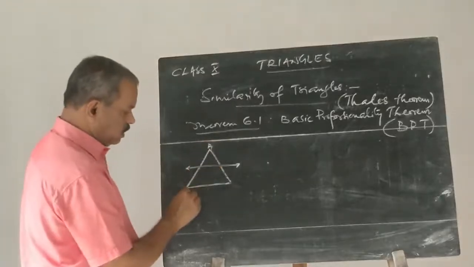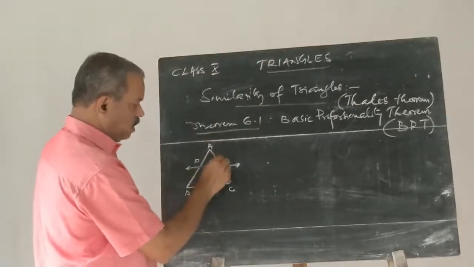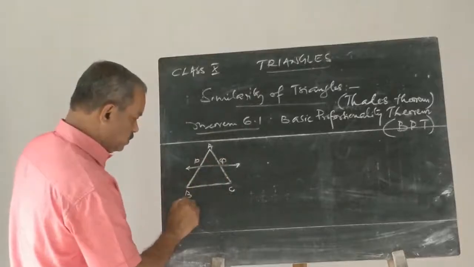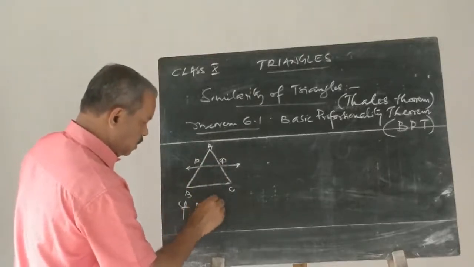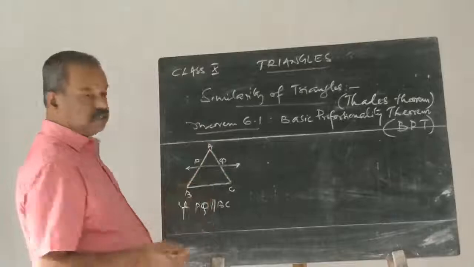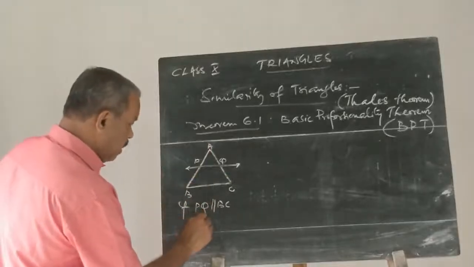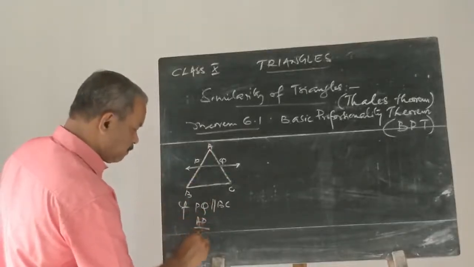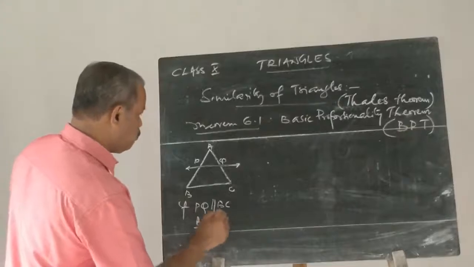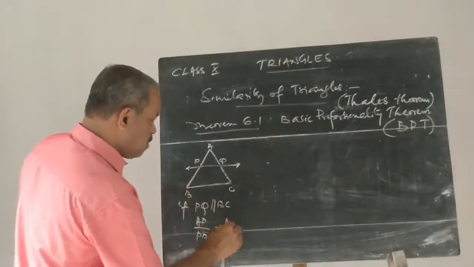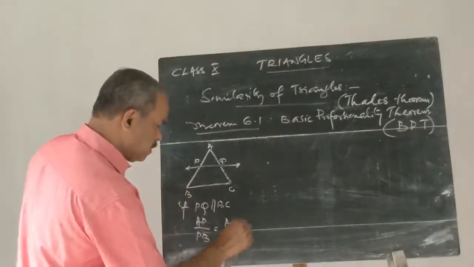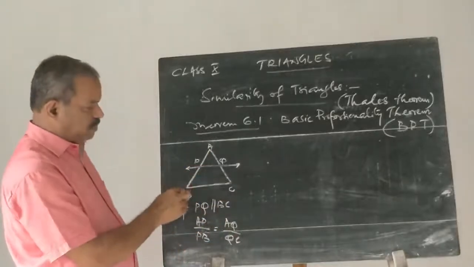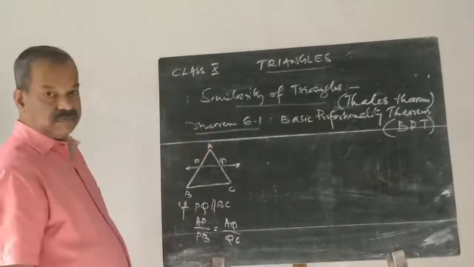That is, in triangle ABC, if PQ is parallel to BC, then AP by PB equals AQ by QC. That is, AP is to PB equal to AQ is to QC.